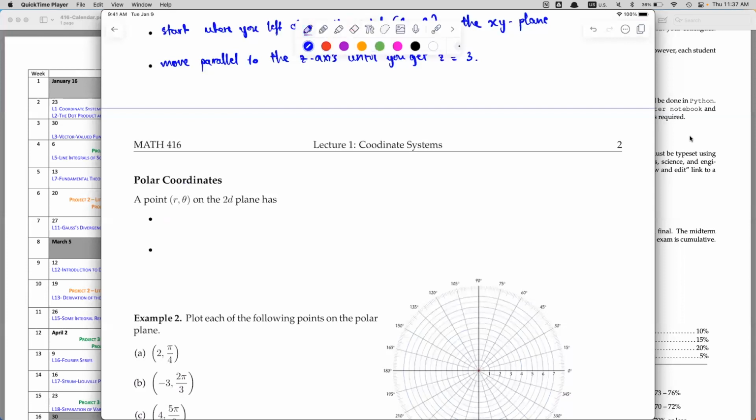So let's describe that. When you say r, you want to know how far you want to go out from the origin.